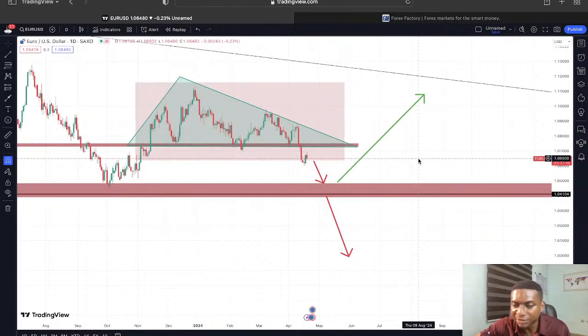Send it back to me in the chat box. Trade what you see, not what you feel.